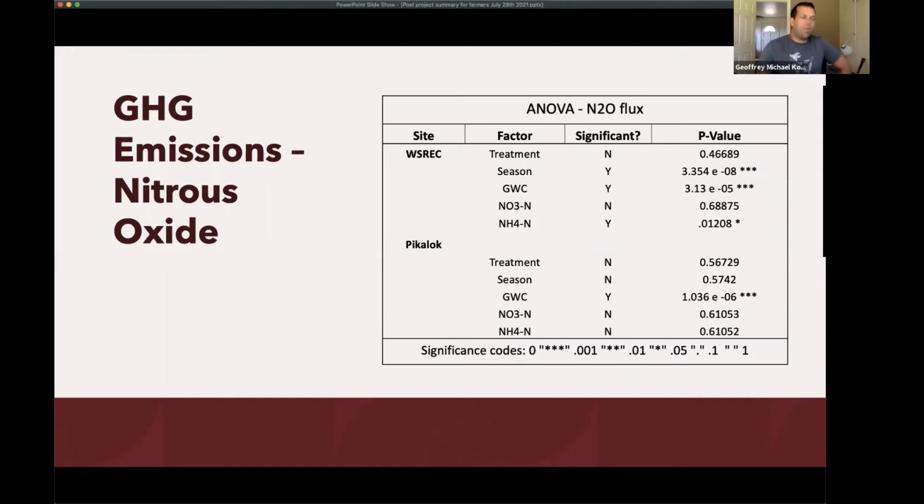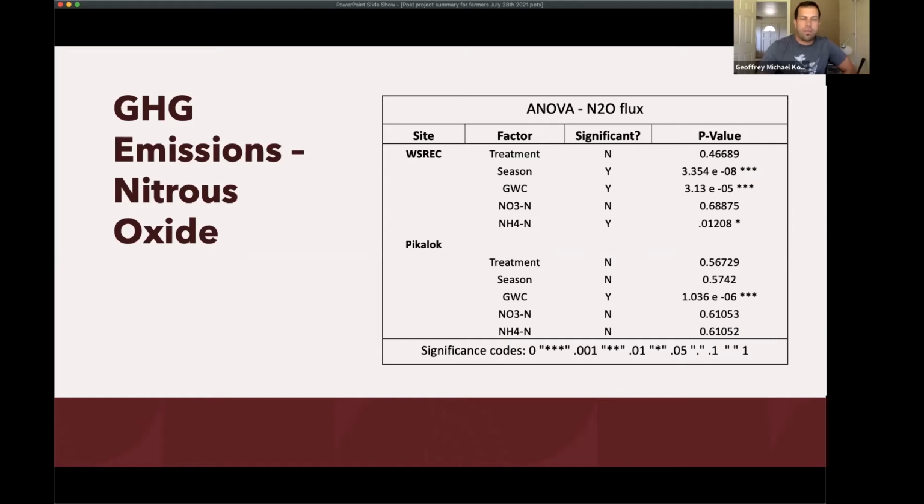I would have thought that nitrate or ammonium may also have affected N2O emissions because it's a nitrogen containing gas. But I think the fertilization was never very high, and the levels of nitrate and ammonium were never very high, so that wasn't a significant factor. So mainly it's just the water content, and that's actually not really surprising at all.